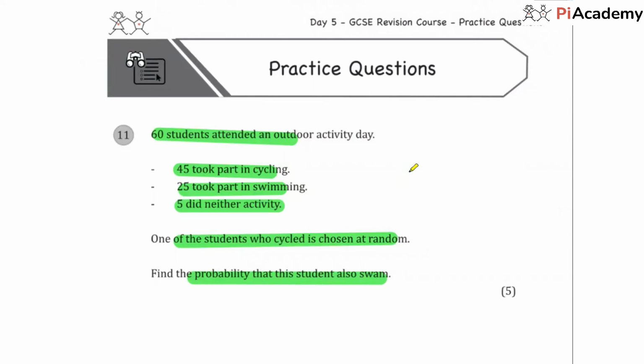Nashan, can you try this? Oliver or Ria? Ria, can you try this? Are you here, Ria? Oliver?